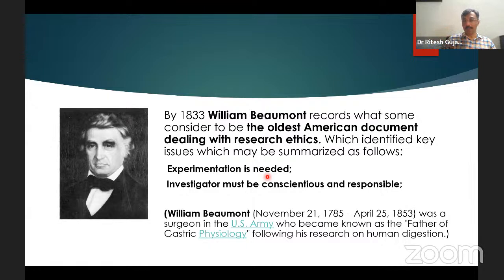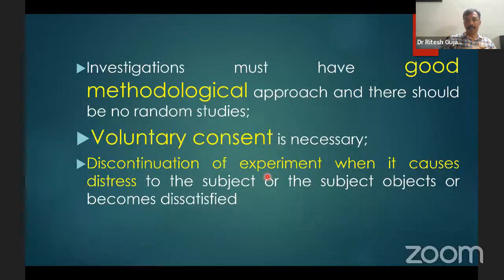Who was Mr. William? He was a surgeon in the US Army who became known as the father of gastric physiology. So whatever he documented, these two points are very important and are considered the oldest medical ethics guidelines for medical research.